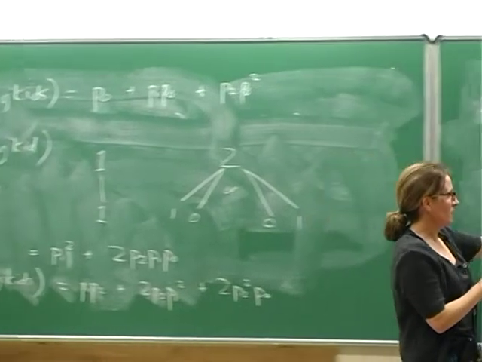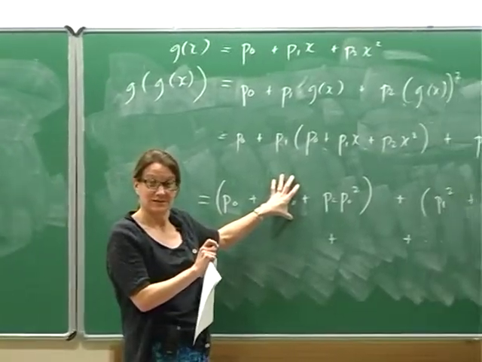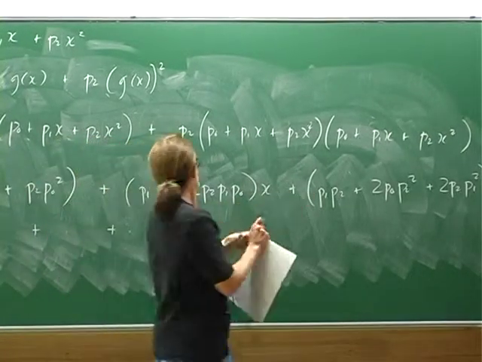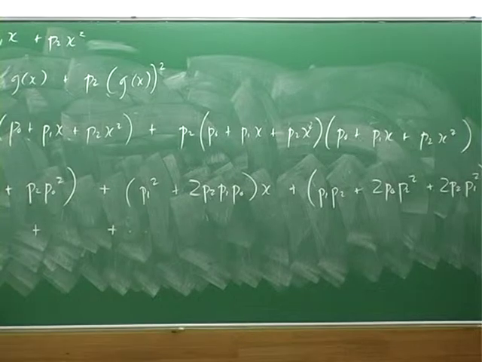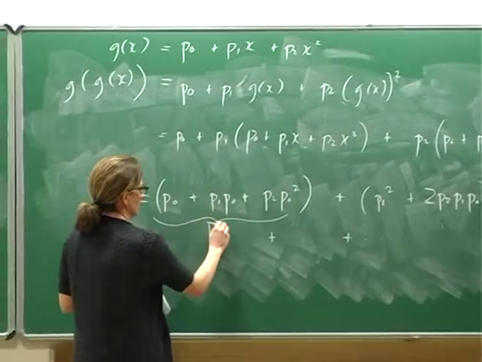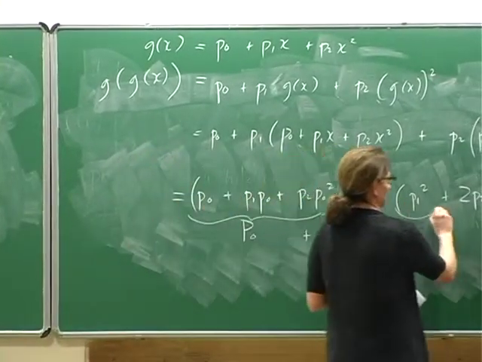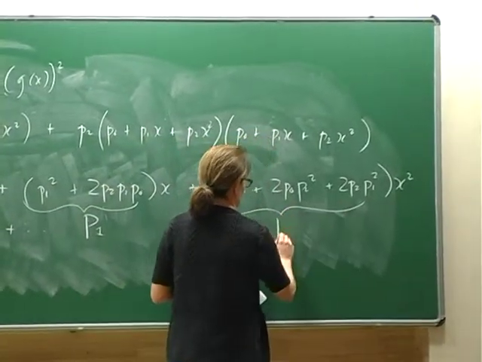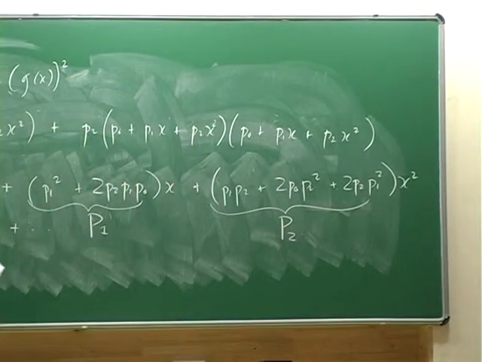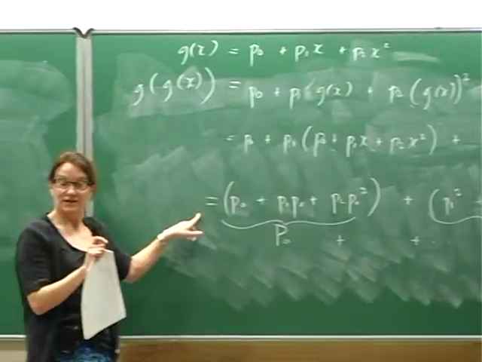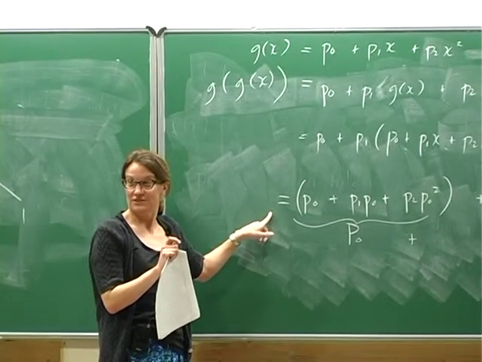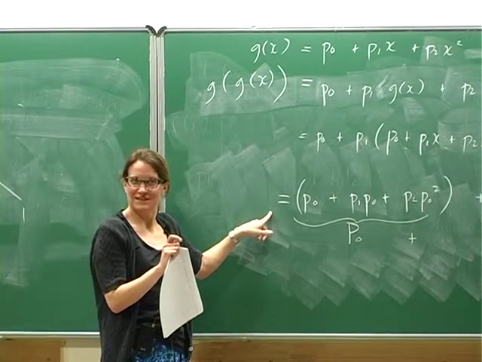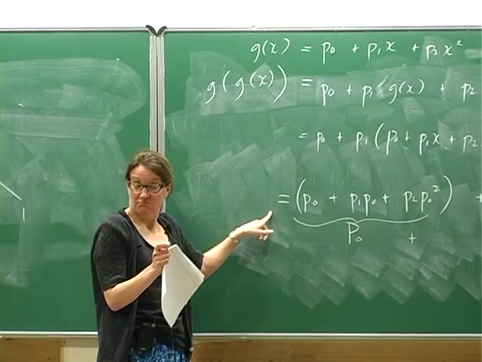So if you have the probability that there are 0 here, and the probability that there was 1 in front of an x, let's use big P for the grandkids. Then this, you see that it is itself a probability generating function that describes what, in words? The number of grandchildren.